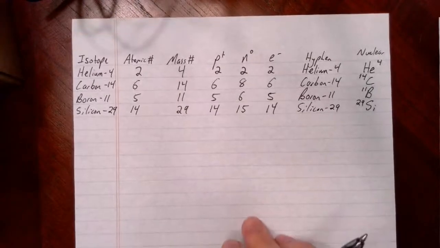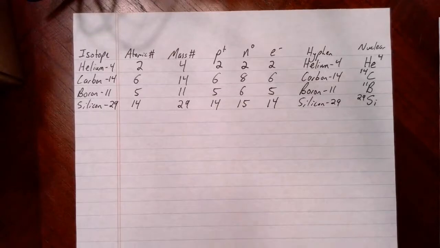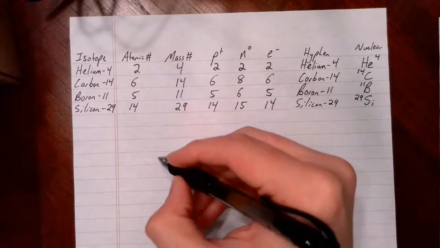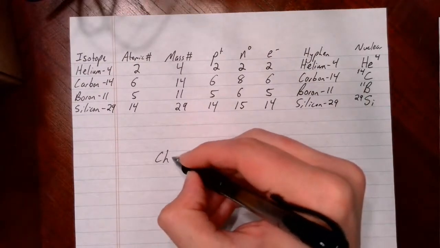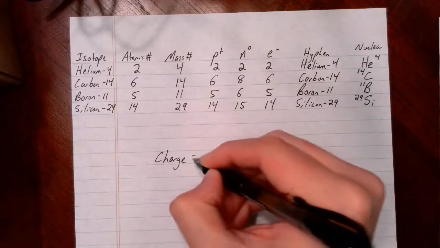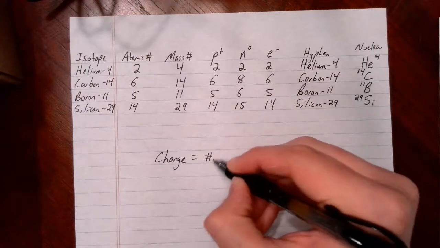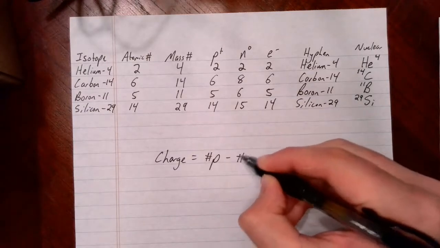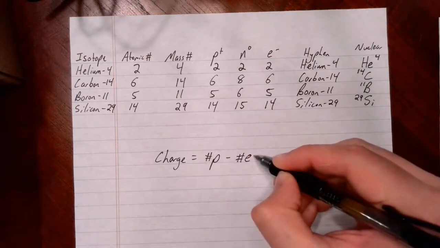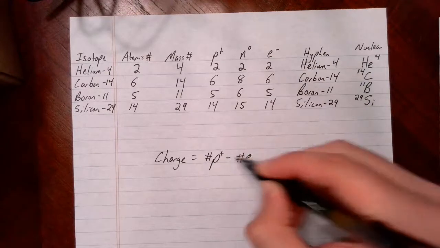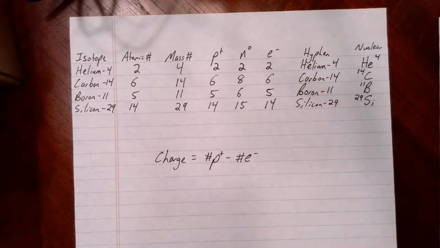quickly about how to determine the number of electrons for an atom that has a charge. So we calculate the charge of an atom by the number of protons minus the number of electrons. So when they're equal, charge equals 0.